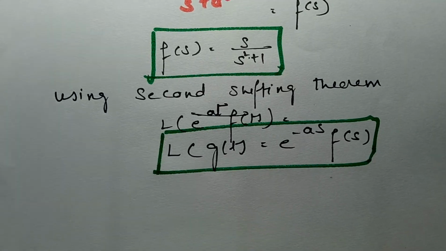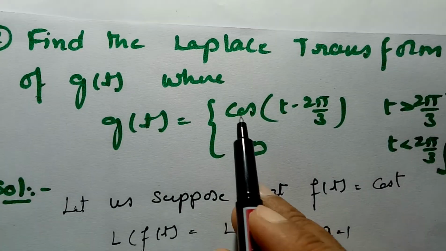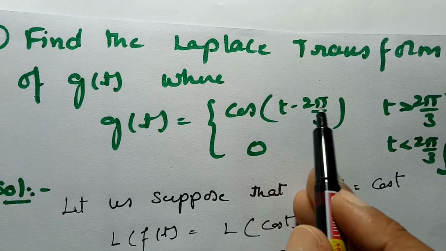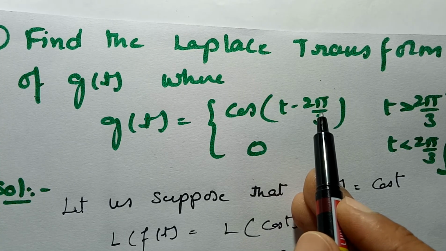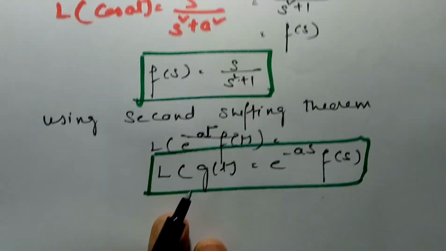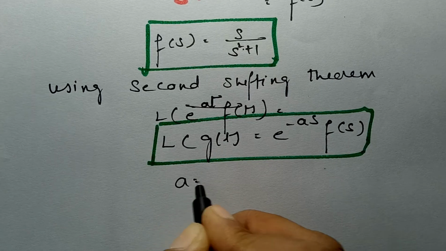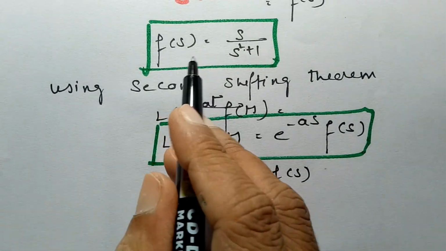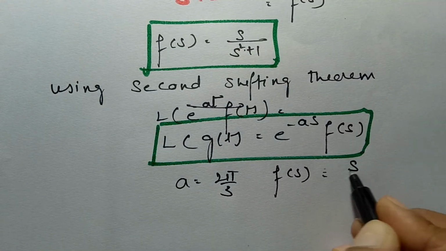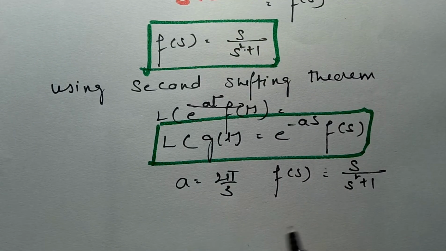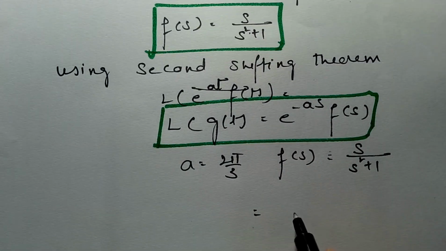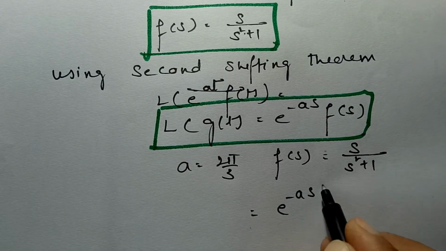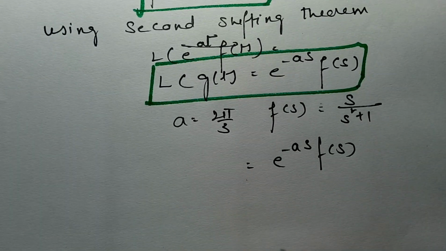So what is a here? From the question, if you go once, what is this question? Cos of t minus 2 pi by 3. From this we have to choose a as 2 pi by 3. So a is equal to 2 pi by 3 and f of s is ready. Just now we have calculated f of s is equal to s by s square plus 1. I'll substitute in this formula e power minus as into f of s.